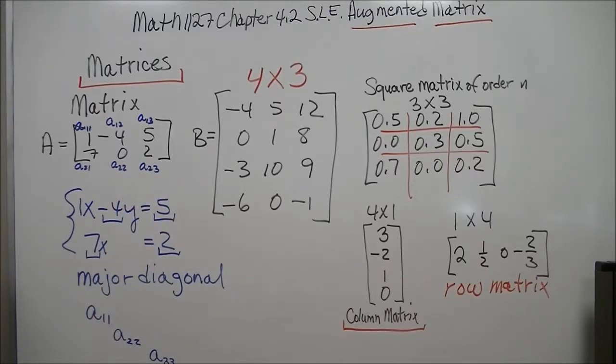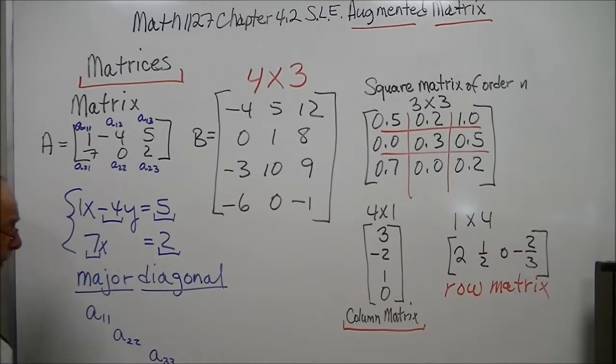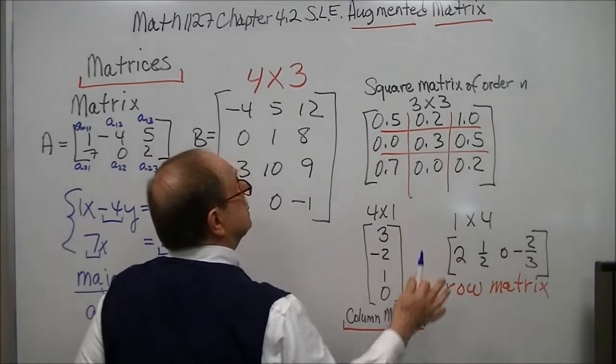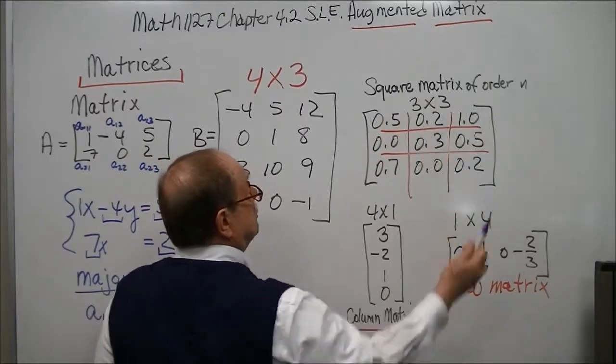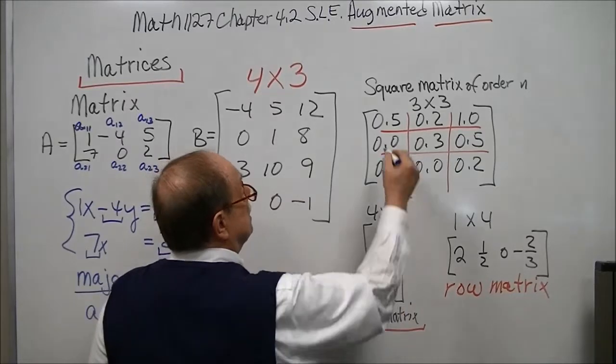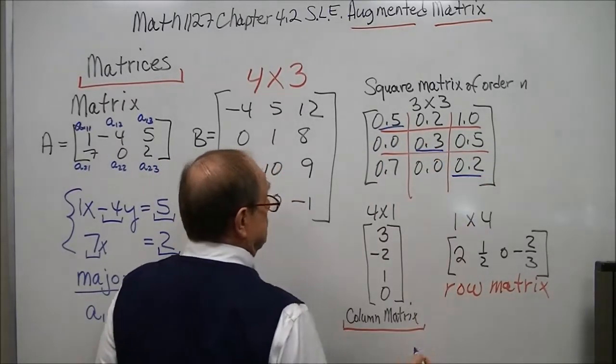Now, another term that's introduced here as well is called the major diagonal. If we had something like this, which is a 3 by 3, our major diagonal would be this term, and this term.